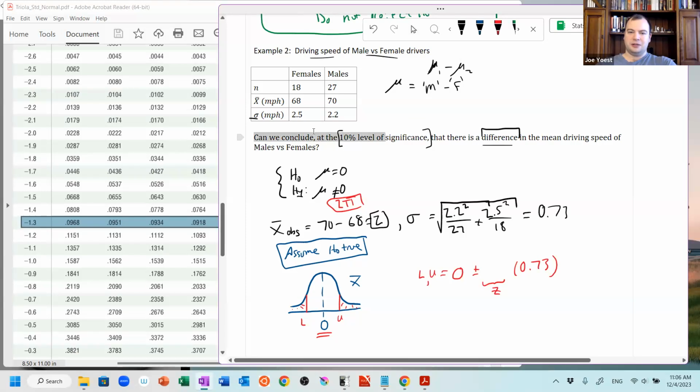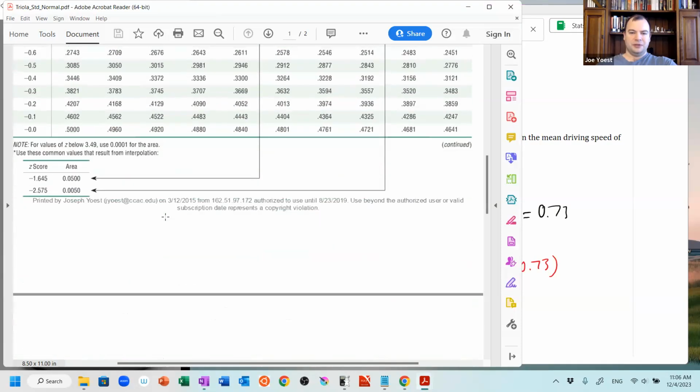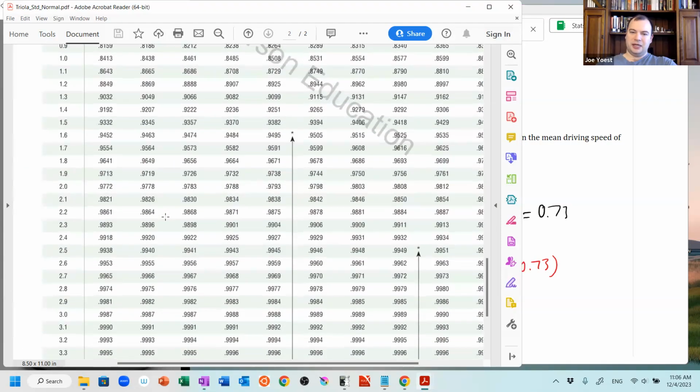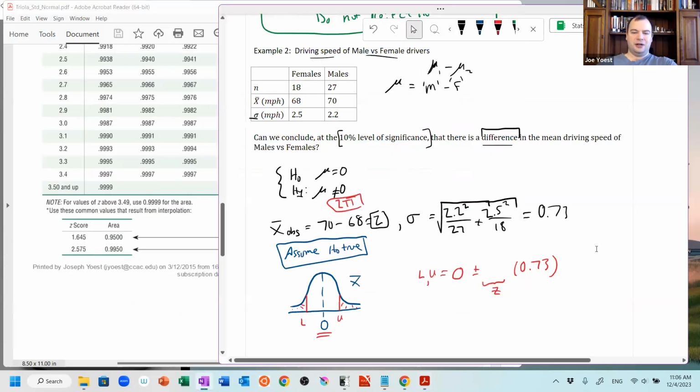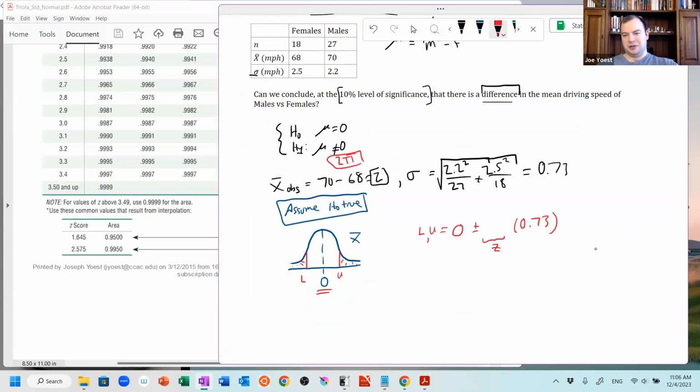At the 10% level, I have 5% in each tail, which means I'm looking for the 95th percentile of z, right? 5% in the right tail means 95% to the left. So I'm looking for the 95th percentile. I see that z index is 1.645. I could also get it off the t-table like I showed you before.